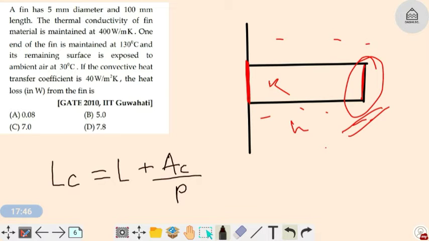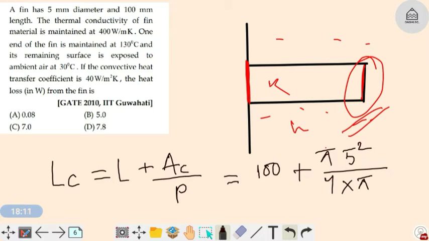L is 100 mm plus the cross sectional area, 5 mm diameter, so pi by 4 d square, 5 square, divided by pi d.